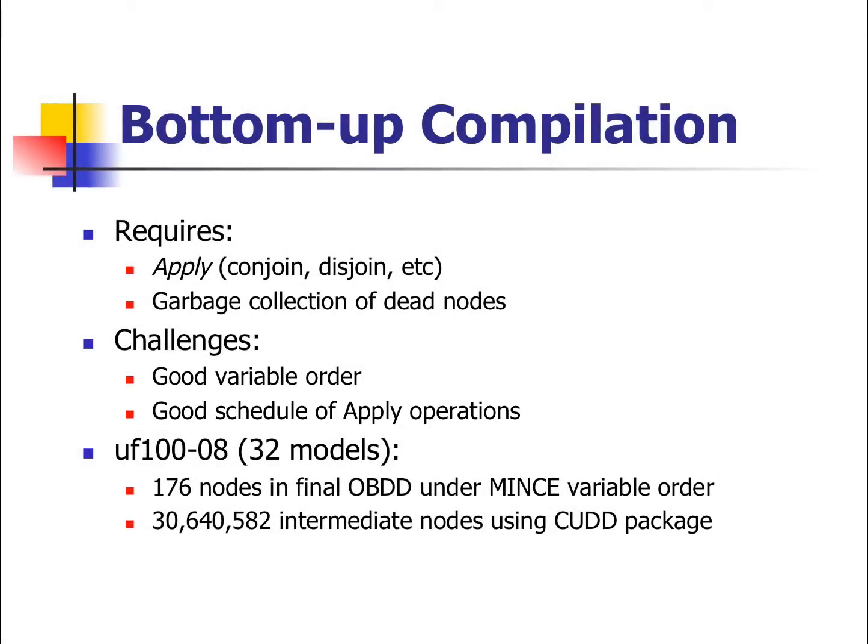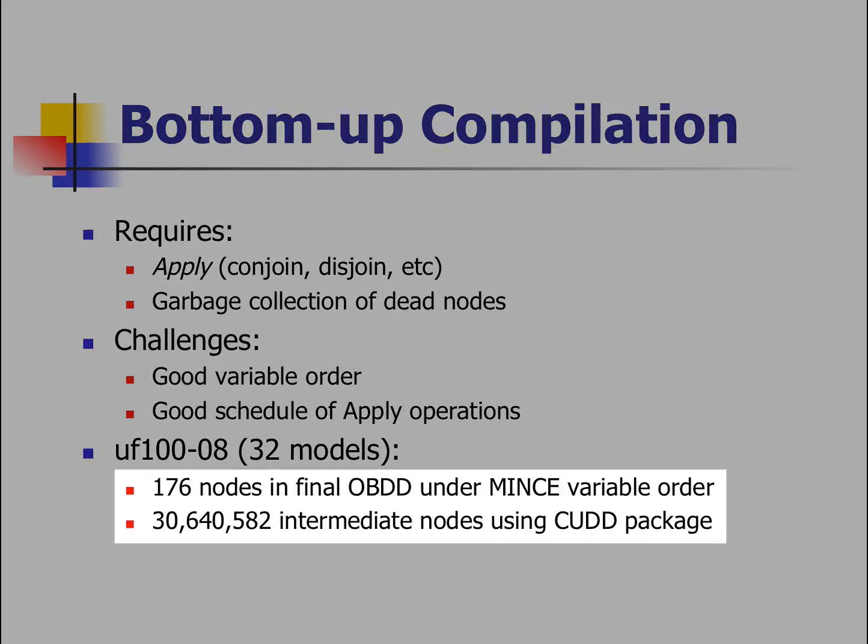But just to give an example, here's one CNF from the SAT literature, whose OBDD has 176 nodes when constructed using a particular variable order obtained from something known as the mince heuristic. But when we try to compile it using the CUDD package for OBDDs, using this order and a particular sequence of apply operations, we ended up having more than 30 million intermediate nodes.